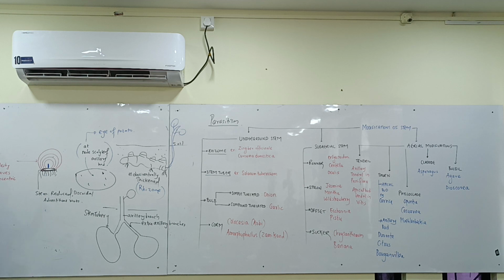Concentric मतलब circularly. अगर मैं ऑनियन का TS लेता हूँ, don't you think the leaves appear like this? Yes. Okay. So these concentric leaves are the fleshy leaves which are storing the food.